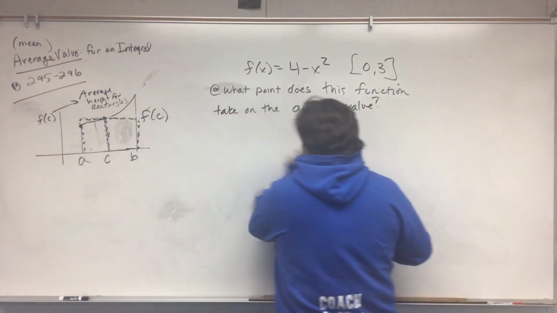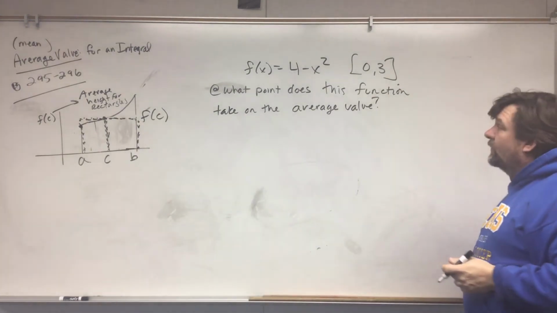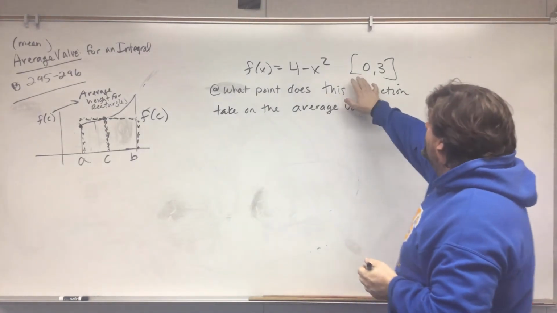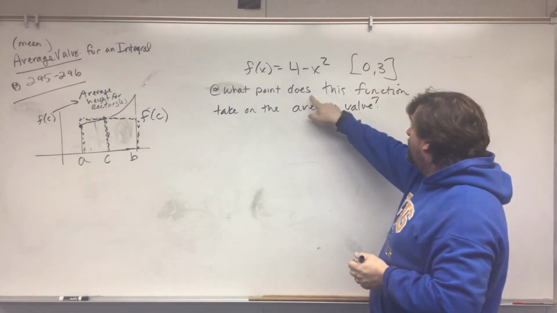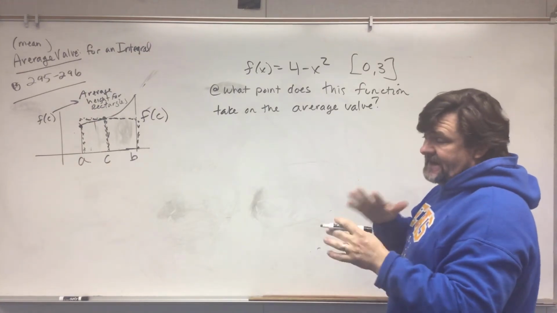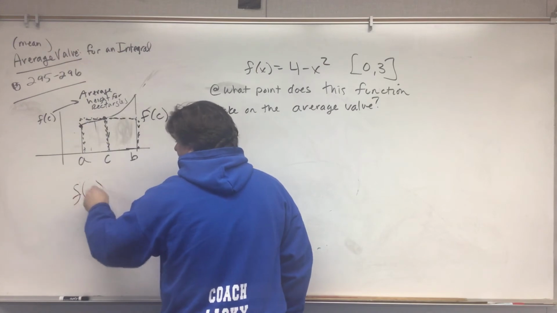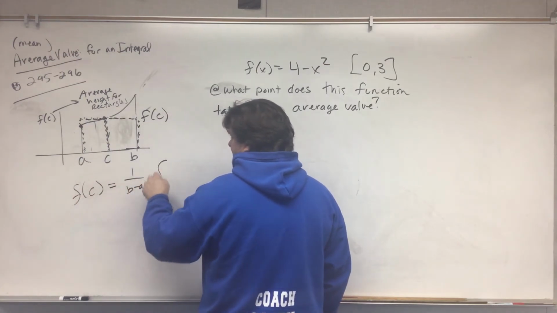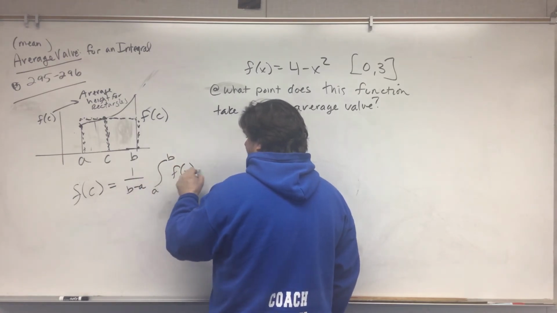All right, so how do we tackle this? f of x equals 4 minus x squared on the closed interval from 0 to 3. At what point does this function take on the average value? We need an x and a y. Don't forget our value is f of c equals 1 over b minus a times the integral from a to b of f of x dx.